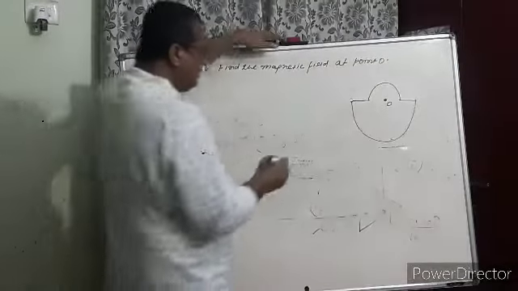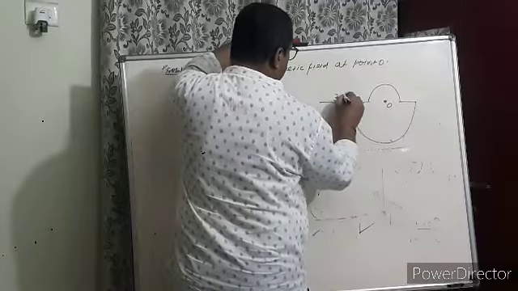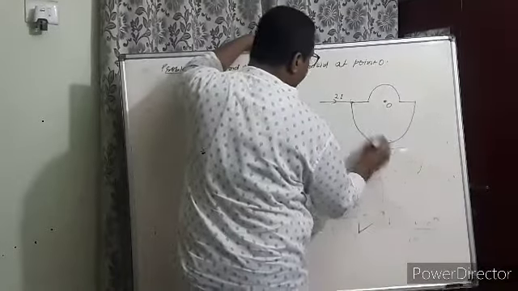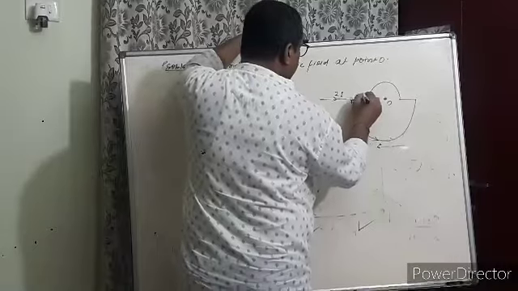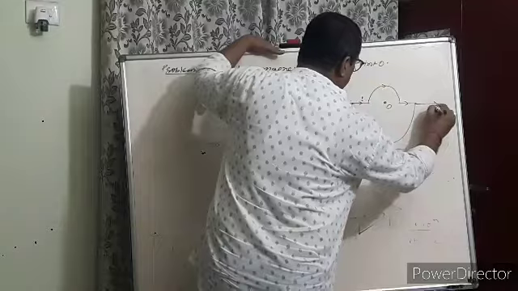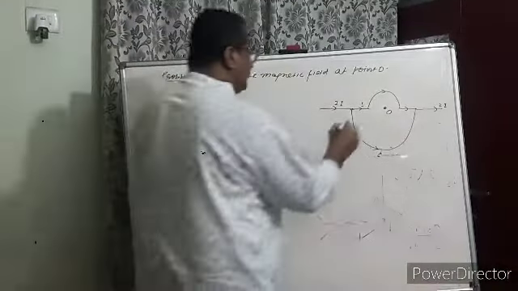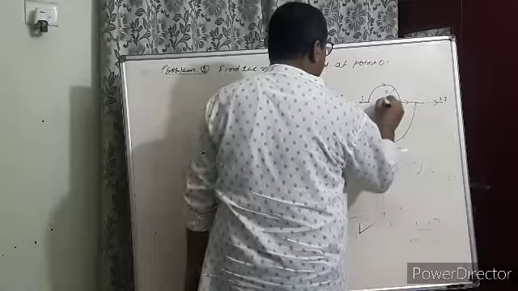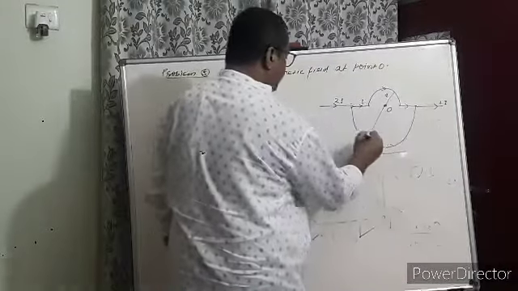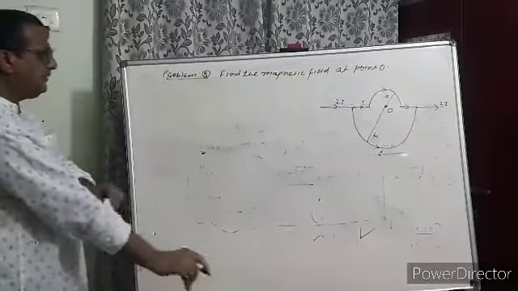Here current I is flowing. From this side I and this side I, it is going like that and going out as I. Its radius is A and its radius is B. We have to find the magnetic field at O.